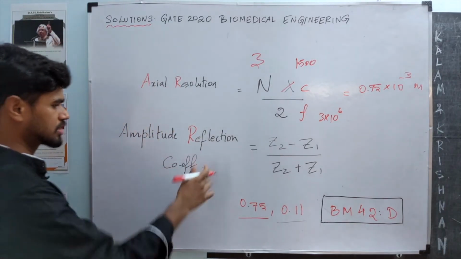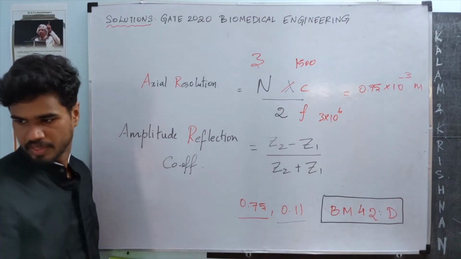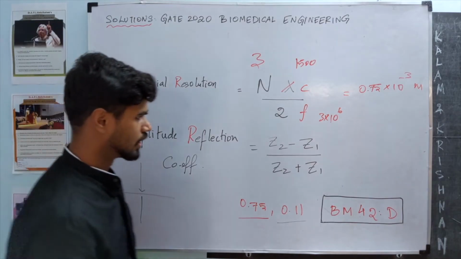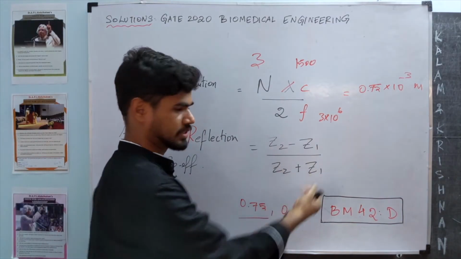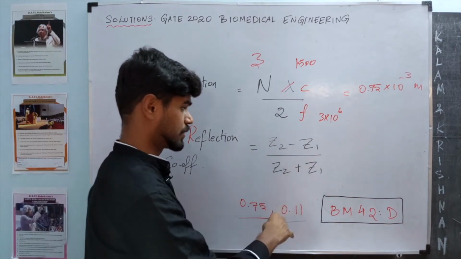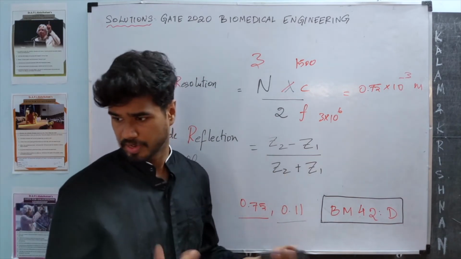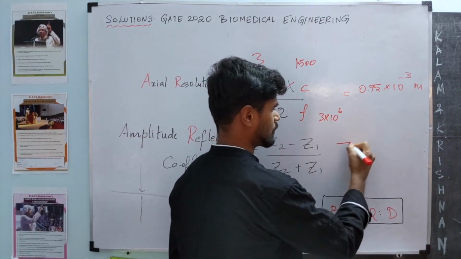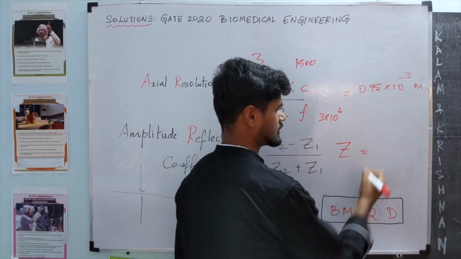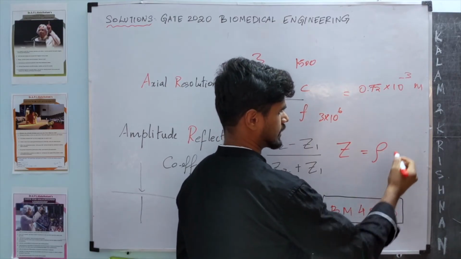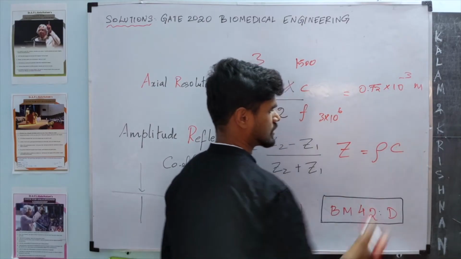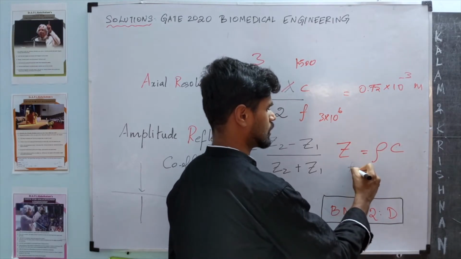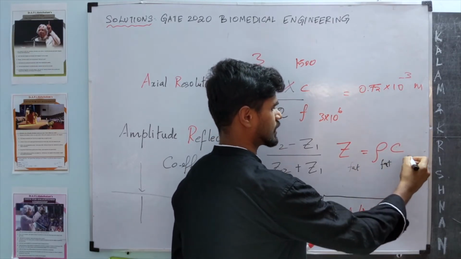Okay, the amplitude of reflection coefficient, when the incidence is normal, the expression is pretty simple. It's just Z2 minus Z1 by Z2 plus Z1, where Z2 and Z1 are impedances in the different tissues, especially impedances in fat and liver. Impedance in one particular tissue is given by Z equals its density times the velocity of the ultrasound, so rho C. For example, Z fat is given by rho fat times C fat.